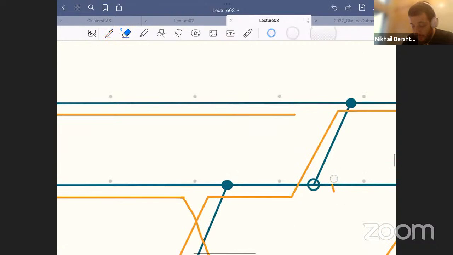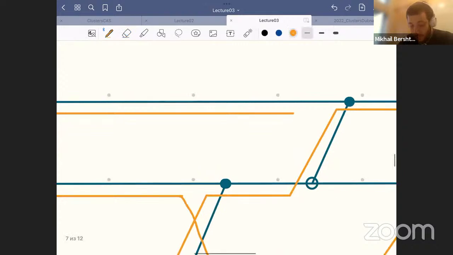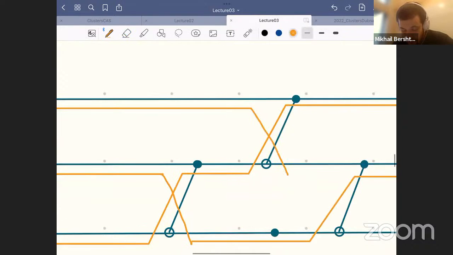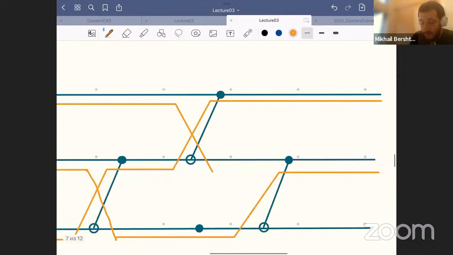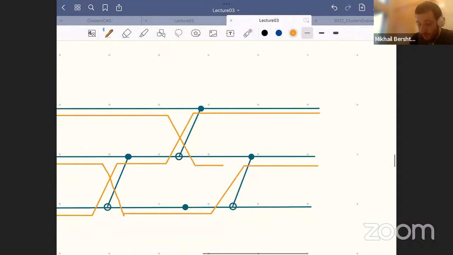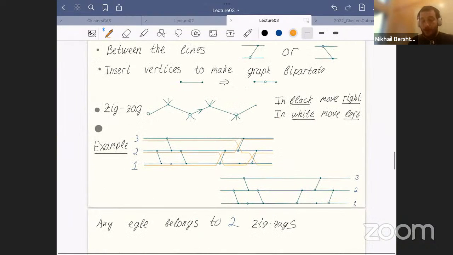Sorry, something like this. Then some time, and on the black move right. So here. Okay.